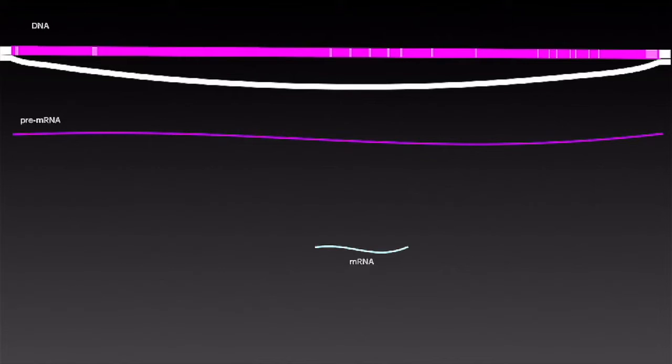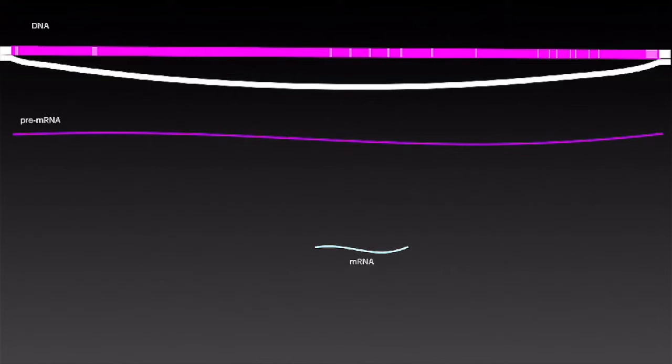What we need to understand is that the gene is first transcribed into something called pre-mRNA. And that pre-mRNA is the entire sequence. You can see it's the whole big long length of that gene. But the mRNA is like this little tiny short piece.